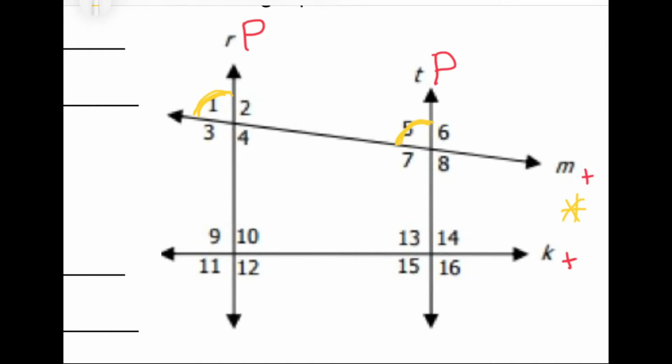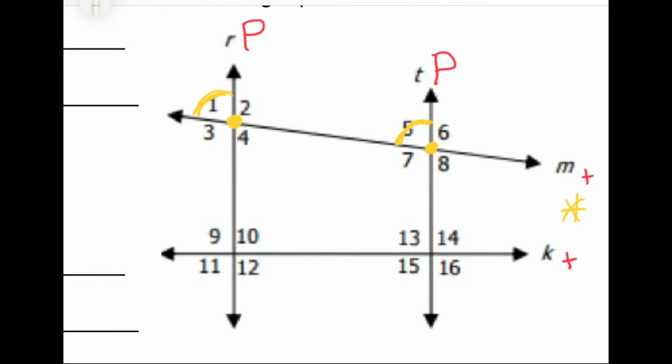Well, if you need to, you can turn your screen sideways or turn your guided notes that you should already have sideways. You are looking at this first intersection and this intersection of the parallel lines created by that transversal. In the first intersection, 5 is in the top left corner.